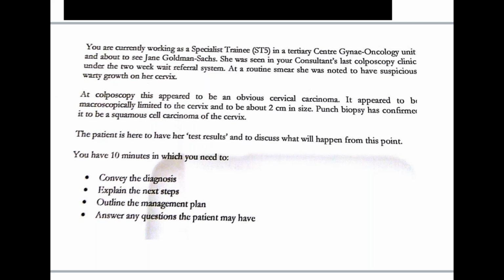And this operation is called trachelectomy, in which we will remove the neck of the womb and part of the vagina as well. So when we remove a part of the vagina, you will have a short vagina, and you may have some dyspareunia after that, so difficult or painful intercourse.